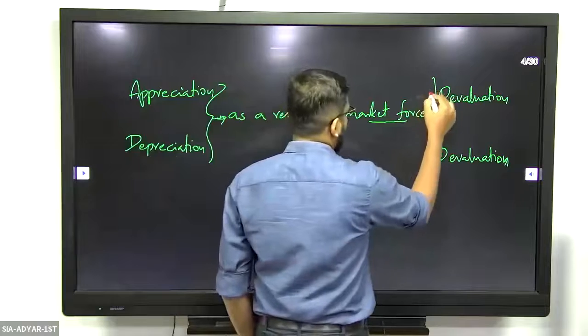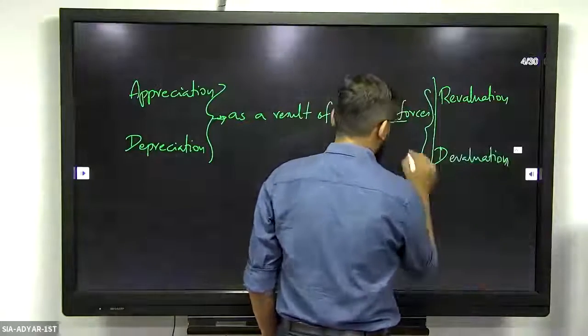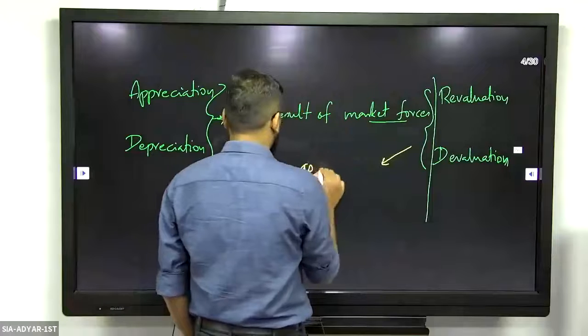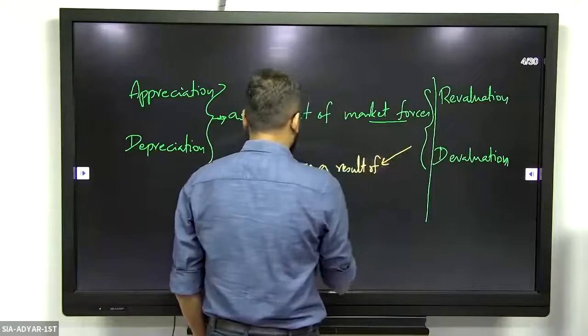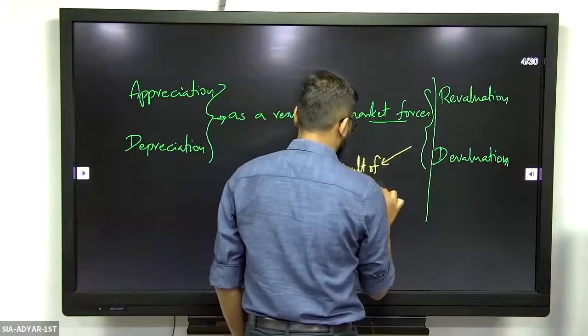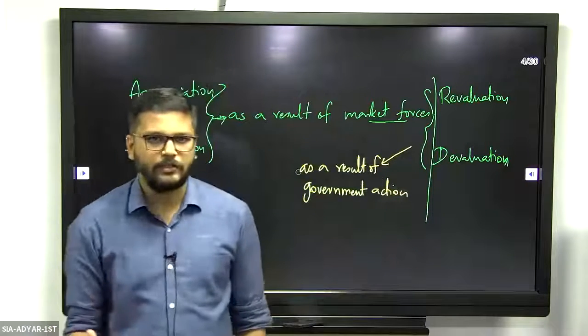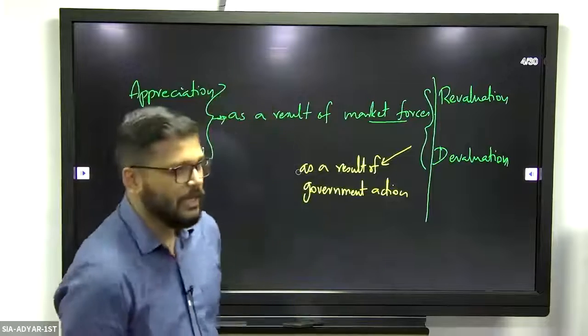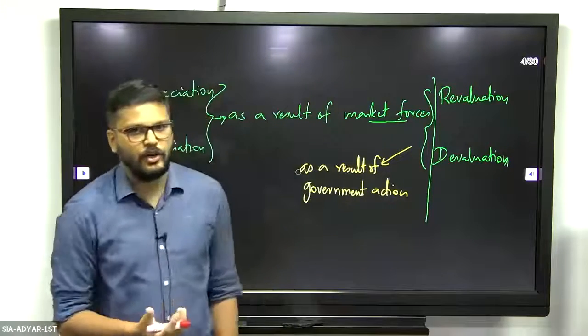However, these two would be as a result of government action. When I say government, I mean the government, the Reserve Bank of India, any authority, as a result of monetary authorities' action or government's action.